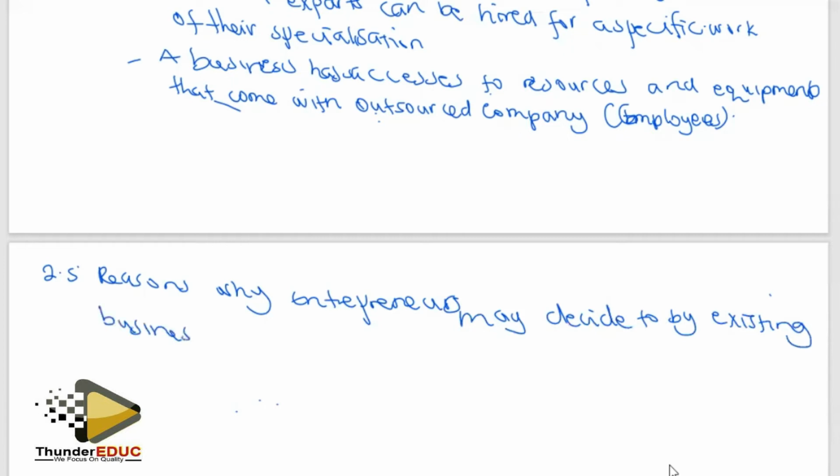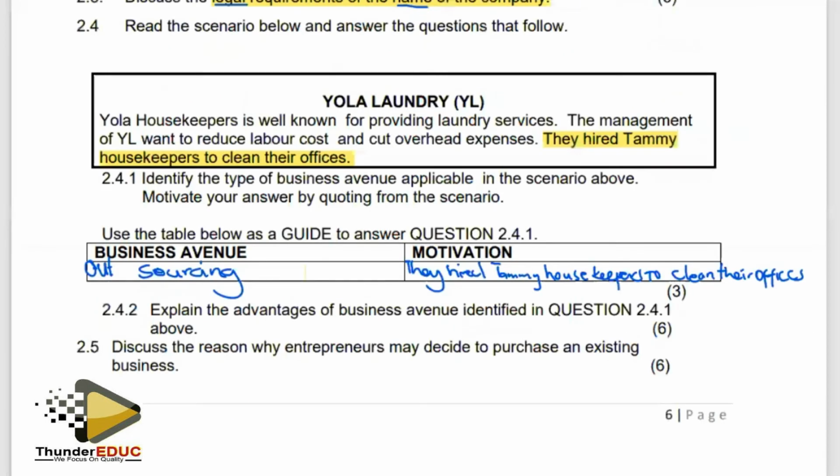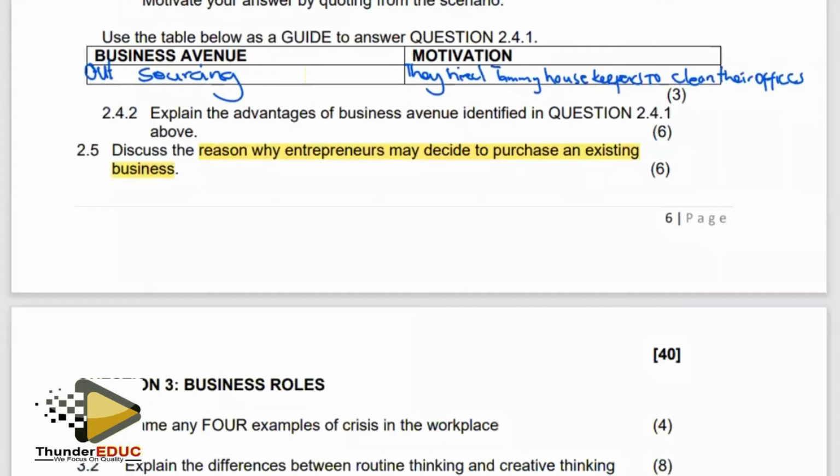Why do these people choose to buy the already existing businesses? Very interesting. These people find out that it makes sense for them to purchase already existing businesses instead of starting their own businesses. Some people have found it very peaceful and profitable to buy already existing businesses.